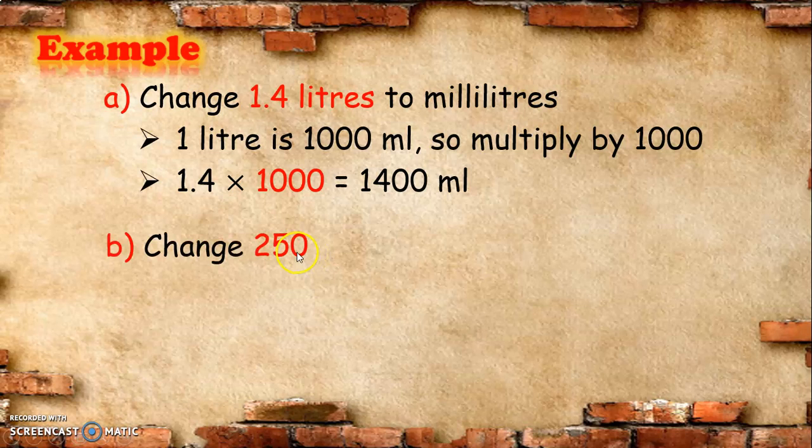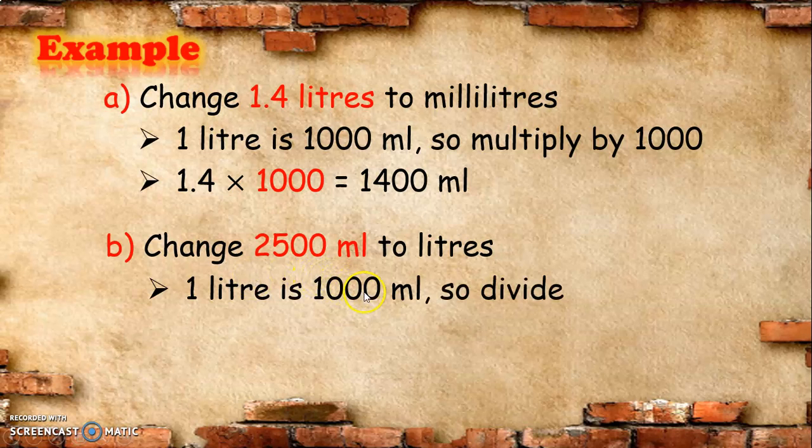Next, given. Change 2,500 ml to liters. It means if 1 liter is equal to 1,000 ml, to change from ml to liters we need to divide by 1,000.